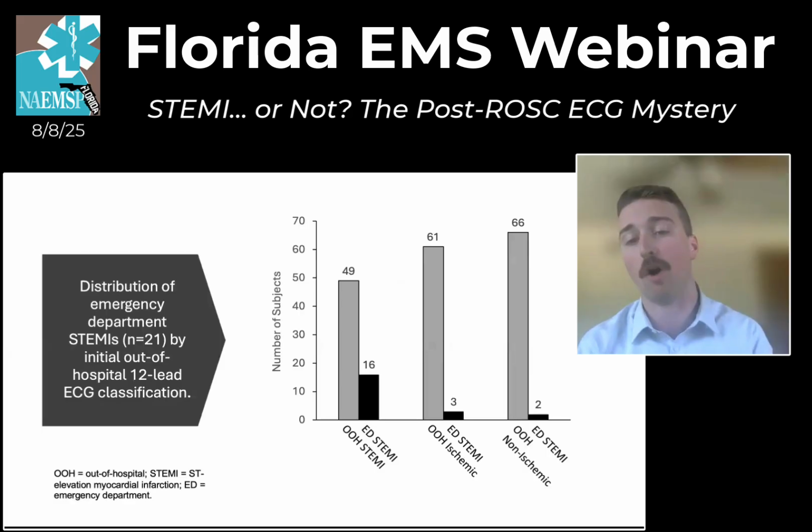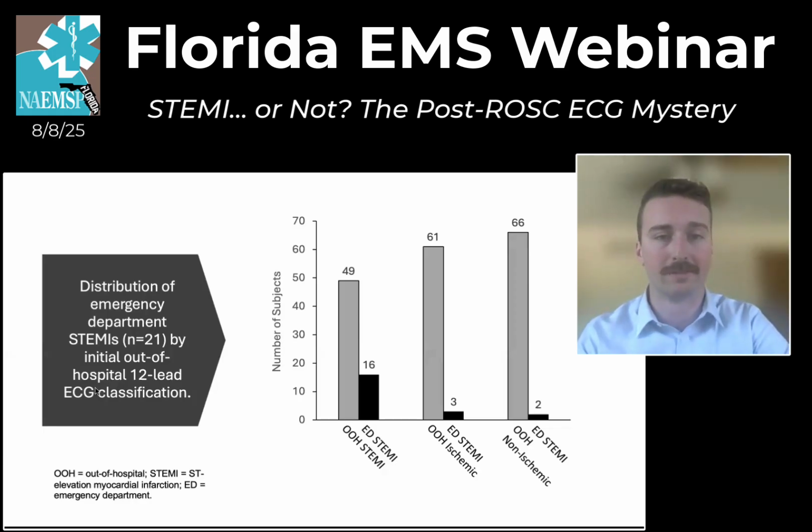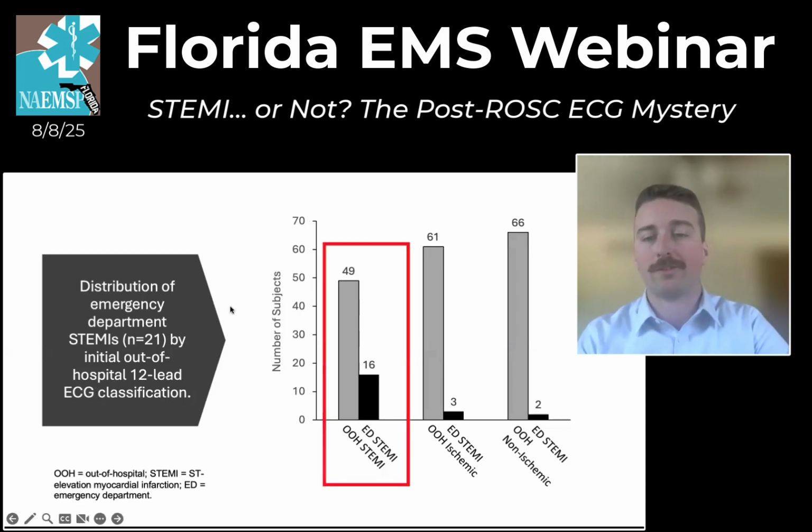And then of 66 non-ischemic patients, only 2 evolved to a STEMI while they were in the emergency department. So the resolution of the out-of-hospital STEMIs is very marked. The evolution to STEMI for the people initially without a STEMI is fairly minimal in comparison. So we'll start by really breaking down this group right here, as that was our primary interest.